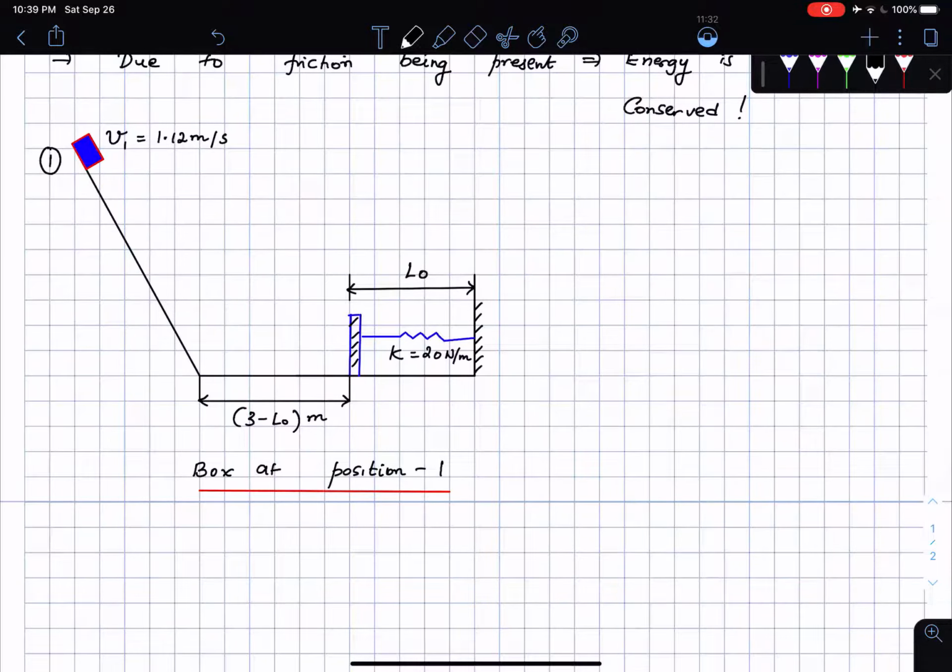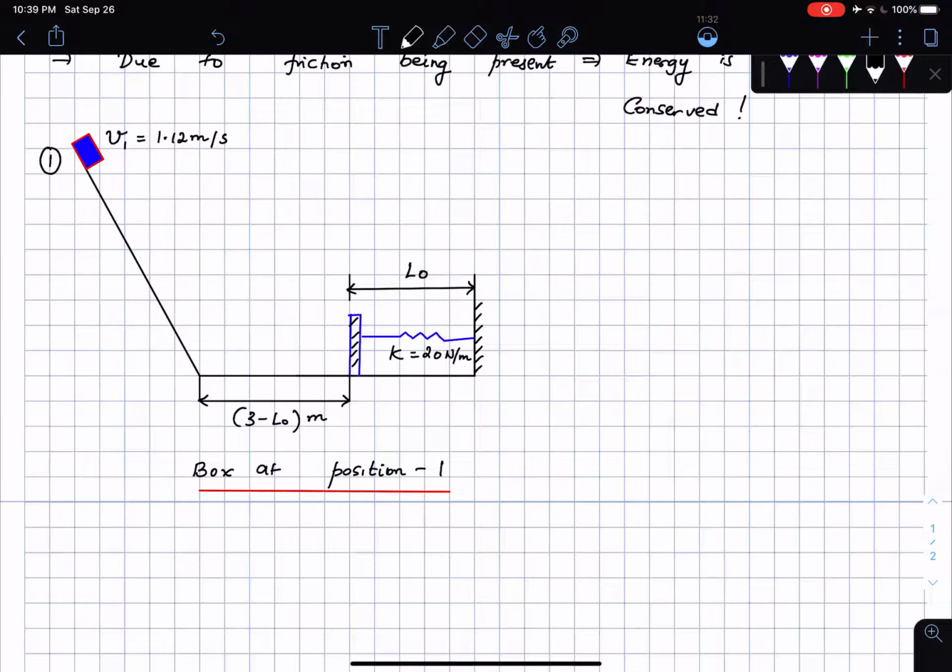Using these two figures, I'm going to start writing out my energy terms. But before that, let's make sure we have everything accounted for. At position 1, the box has an initial velocity. It's going to travel down this ramp and then hit the spring. As it hits, the spring gets compressed, which is now position 3. I call this position 2, which we are not really interested in, but I want to write it out anyway.